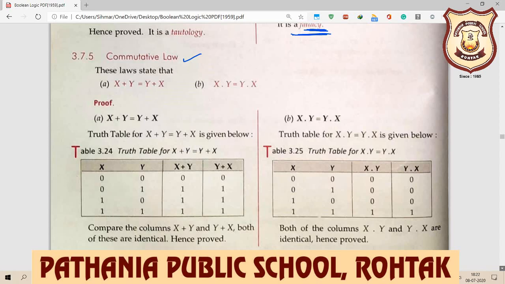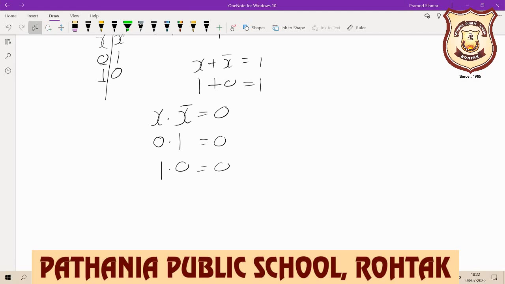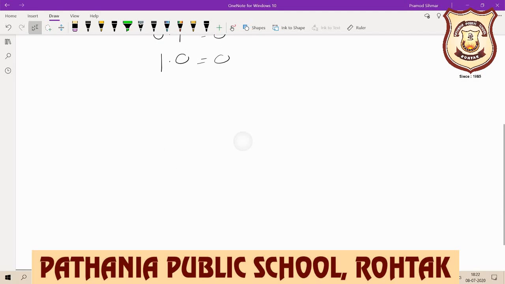Everyone learn all these laws completely. You can learn these laws when we solve questions, we need these laws. Here x plus y is equal to y plus x. So let's prove it. Write down, commutative law says that x plus y is equal to y plus x.